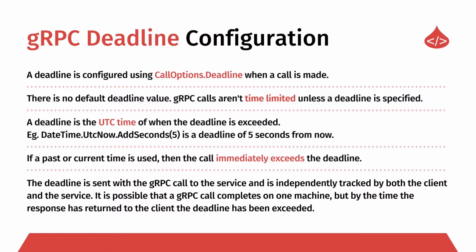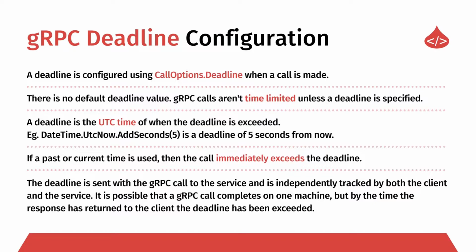So setting a deadline is very important. Otherwise, the gRPC calls from the client will wait till they receive the response from the gRPC server. So if the server is taking a long time to respond back, the client will keep on waiting till it receives the response. A deadline is the UTC time of when the deadline is exceeded.